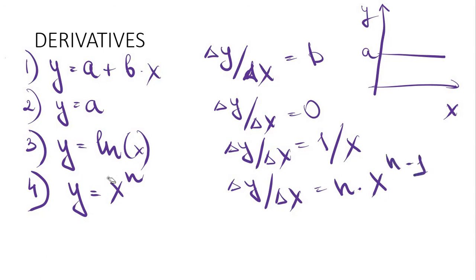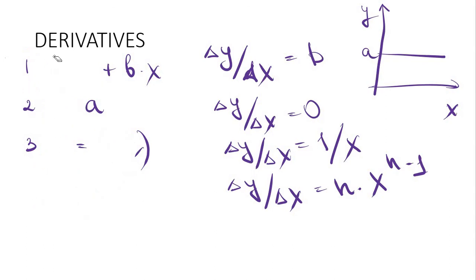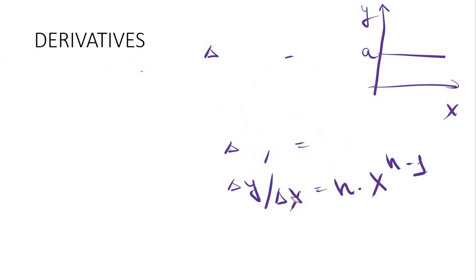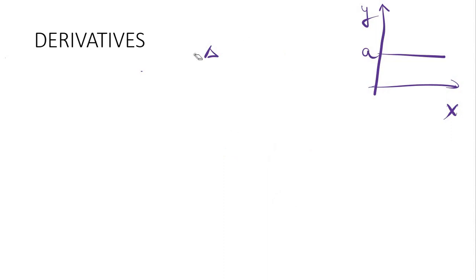So we shall also discuss the basic rules for calculating the derivatives. We will omit the product rule and the chain rule because they are not relevant. We are not going to use them. But nevertheless, you should know the following two rules.